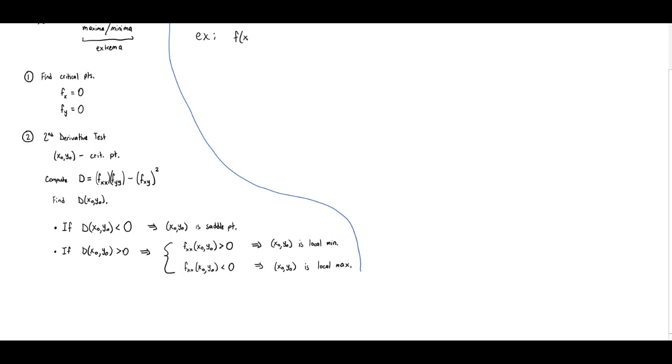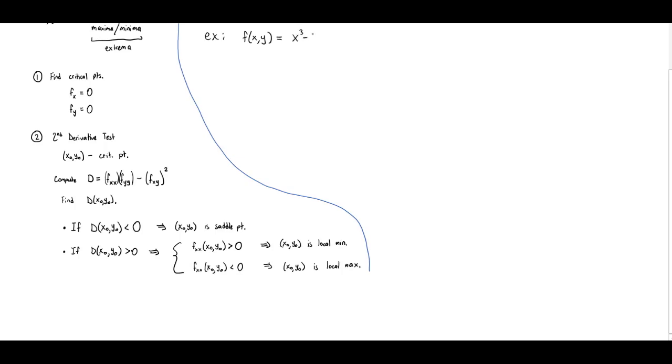I have f of x, y equals x cubed minus 6x squared minus 36x plus y squared minus 4y plus 10.